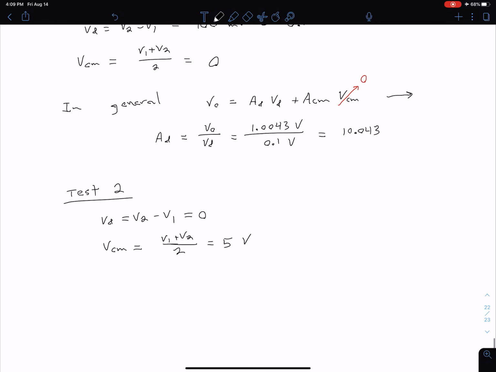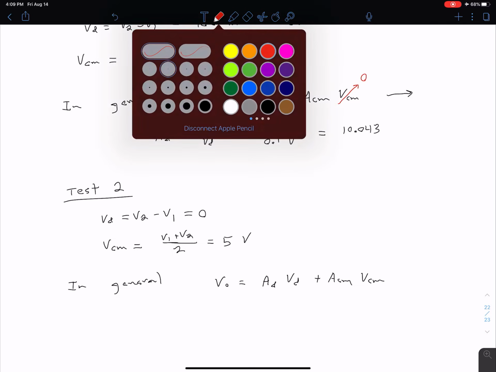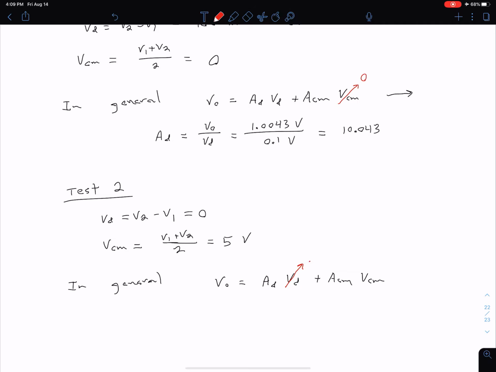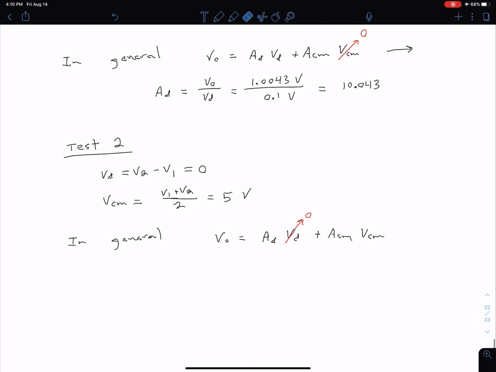Okay, so then we can come back to our general expression. In general, our output is equal to our differential gain times our differential voltage plus our common mode gain times our common mode voltage. And in this case, our differential voltage is 0, which means we'll be able to solve for our common mode gain. So our common mode gain is equal to Vout over V common mode.